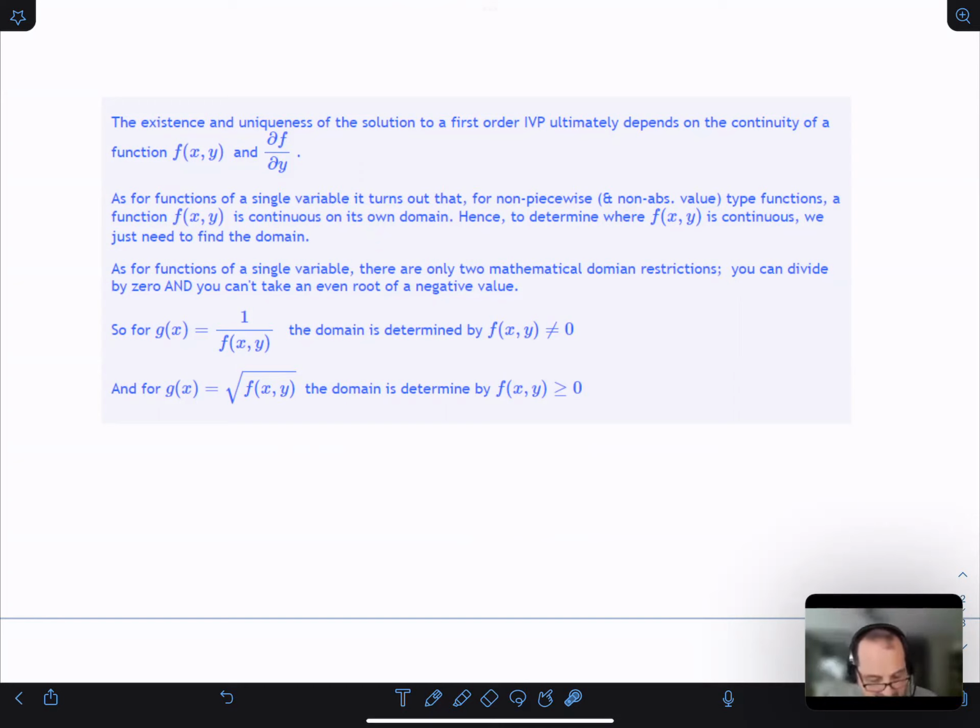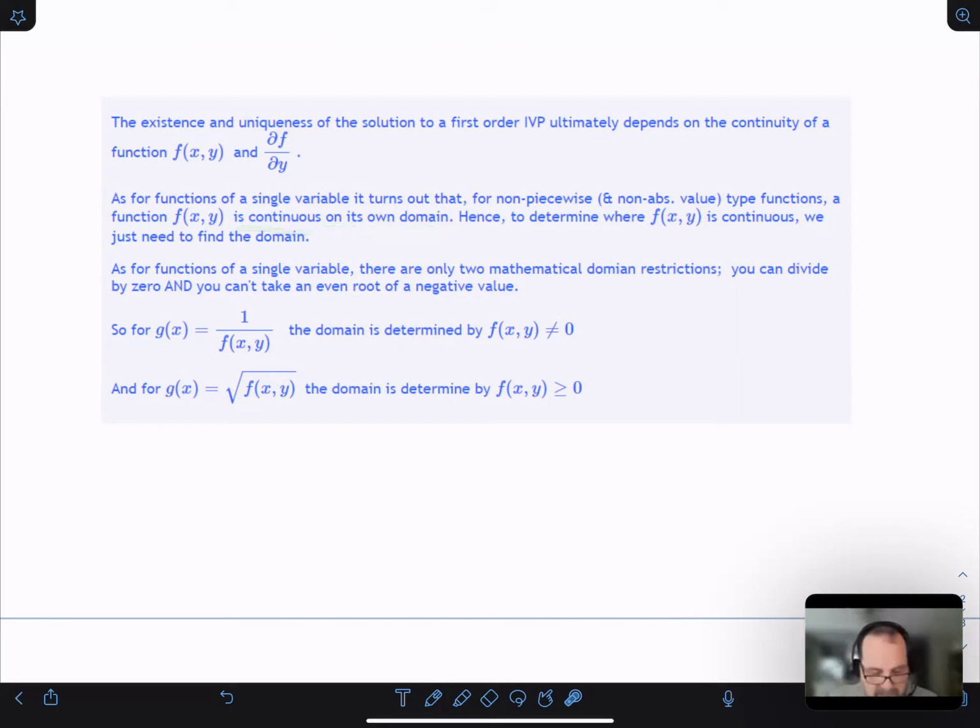So there is a little fact that carries over from functions of a single variable. Maybe you remember this from Calc 1. For functions of a single variable, if we're dealing with non-piecewise and hence non-absolute value type functions, and we want to know the continuity of such a thing, it turns out that non-piecewise, non-absolute value type functions are continuous on their own domain.